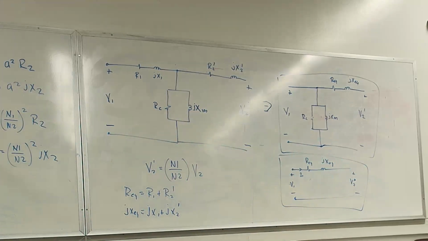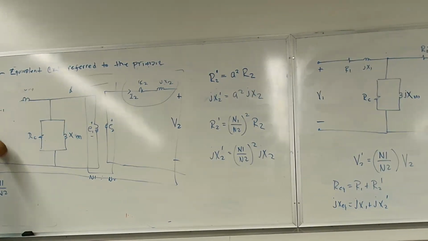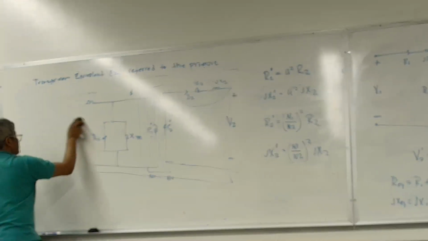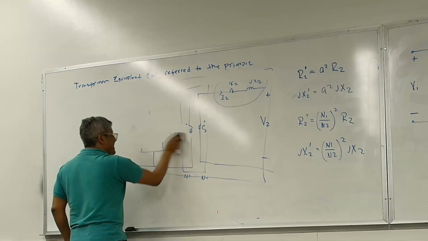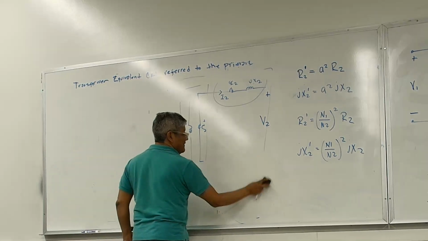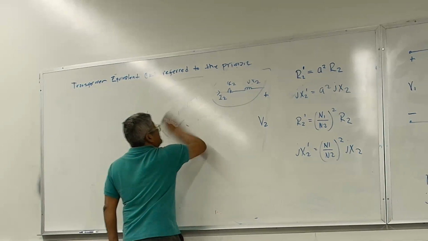All right, what if the question is, hey, I want the equivalent of a transformer, but not seen from the primary, actually seen from the secondary side? I shouldn't erase this. What do you think we're going to do? Any ideas, any guesses from what we have been doing so far, even with the ideal transformer?